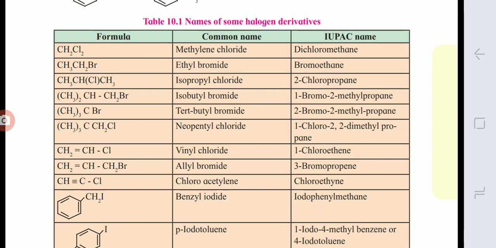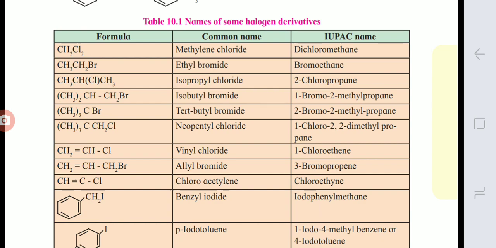In the fourth structure, again the second carbon of the chain contains one CH3 group. So two CH3 groups are written together, CH3 twice. That means the second carbon contains one more CH3 group. So the structure is CH3 CH CH3 dash CH2 Br.